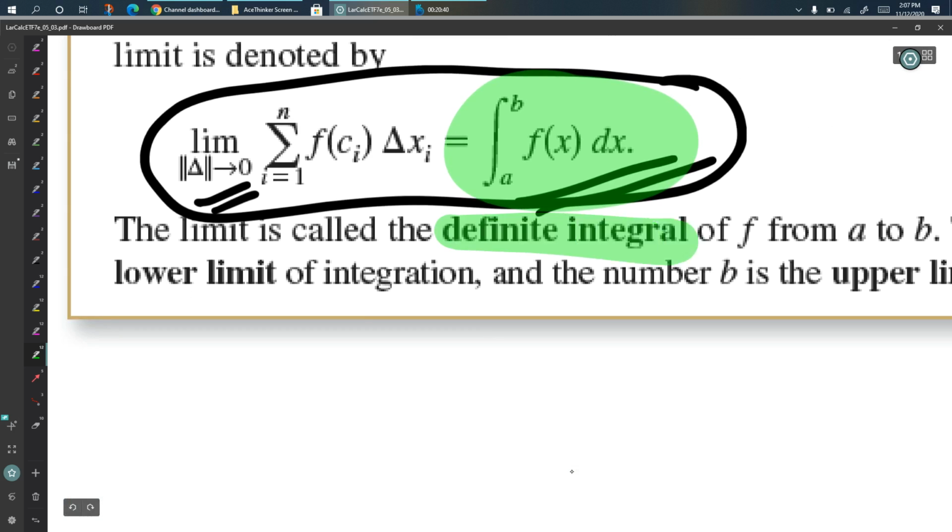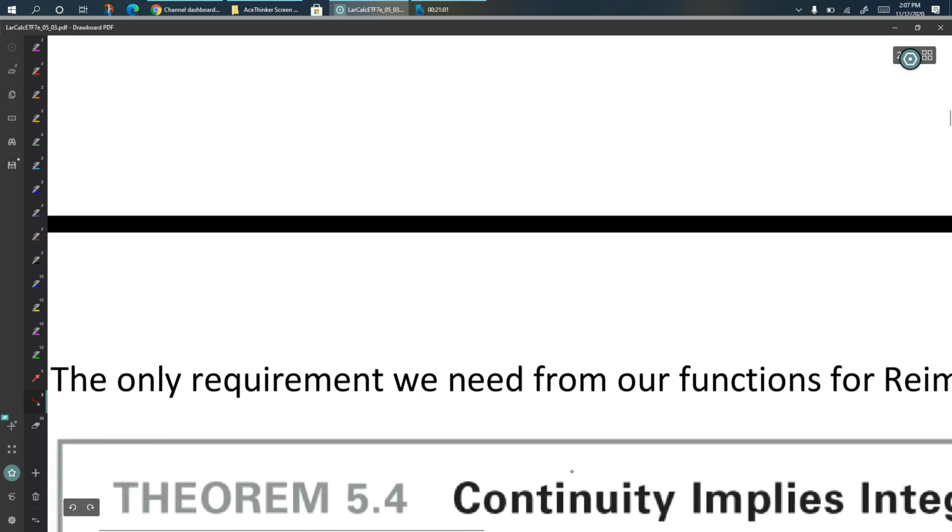It's called the definite integral. It has three important parts: the integrand, the lower limit of integration, the upper limit of integration. The lower limit is the left-hand edge, the upper limit is the right-hand edge, and the integrand is our function.